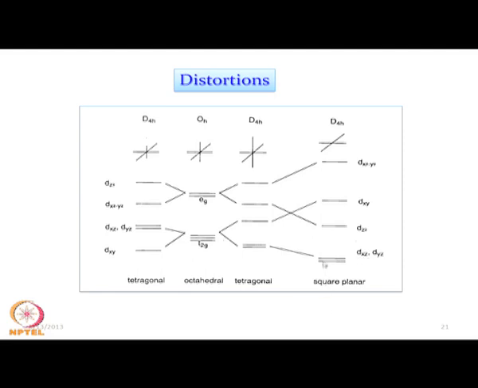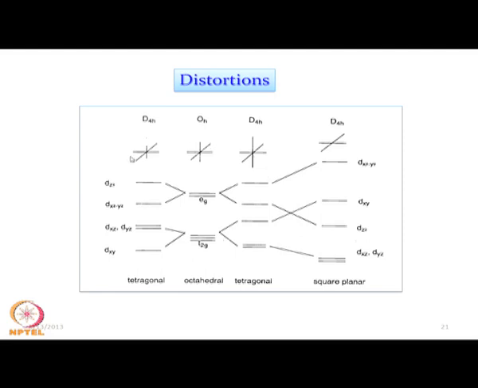So, we get the ordering for square planar geometry. As we move from octahedral to square planar, more and more we are pulling away the z axis ligands. So, we have a direct correlation of the t2g set to this doublet set, and the t2g set to the dxy level, similarly eg to dz square and eg to the dx square minus y square level.